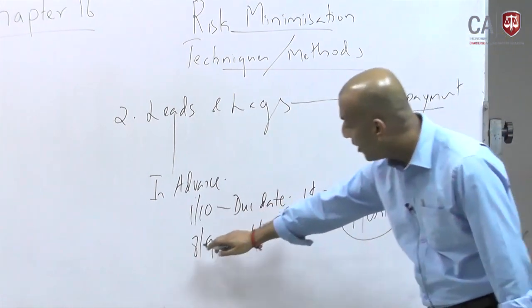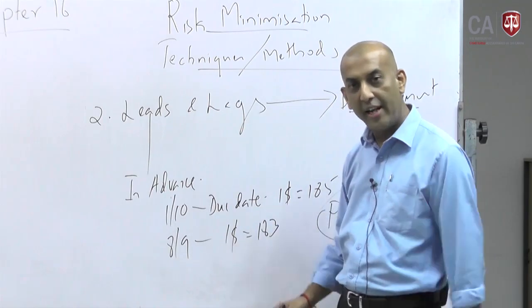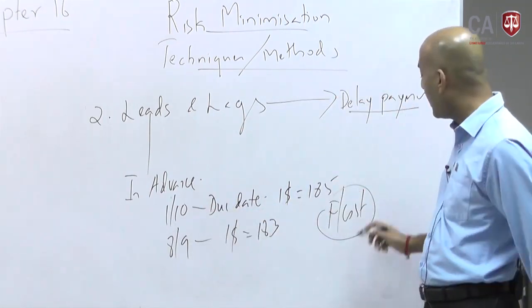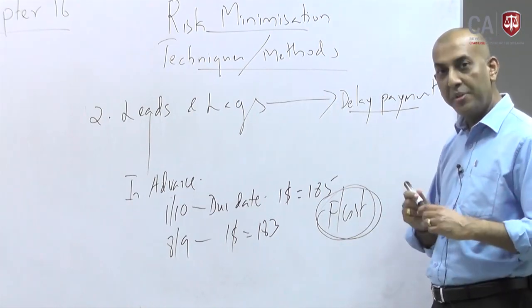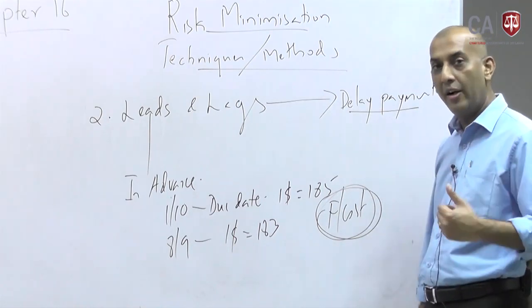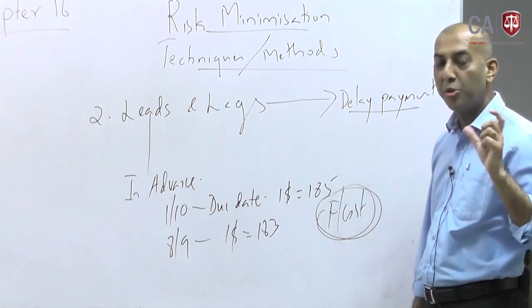That 8th of September to 1st of October is 22 or 23 days of timing, for which I have to incur finance cost, because I am getting the money earlier from some source to pay the supplier, for which I have an opportunity cost.